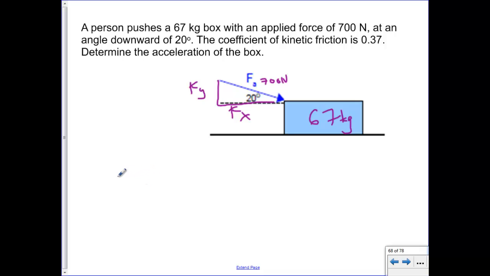Does that make sense? So let's see, Fx would be equal to what? 700 cosine 20? Because that would be adjacent over hypotenuse. And Fy would be equal to 700 sine 20, because that would be opposite over hypotenuse.